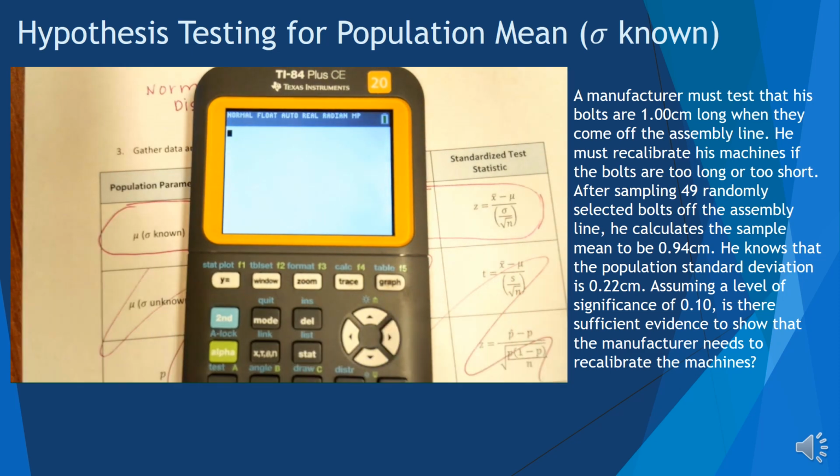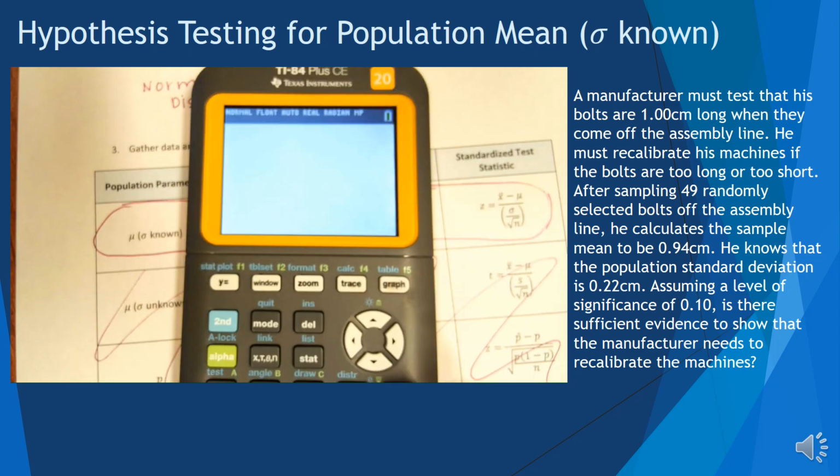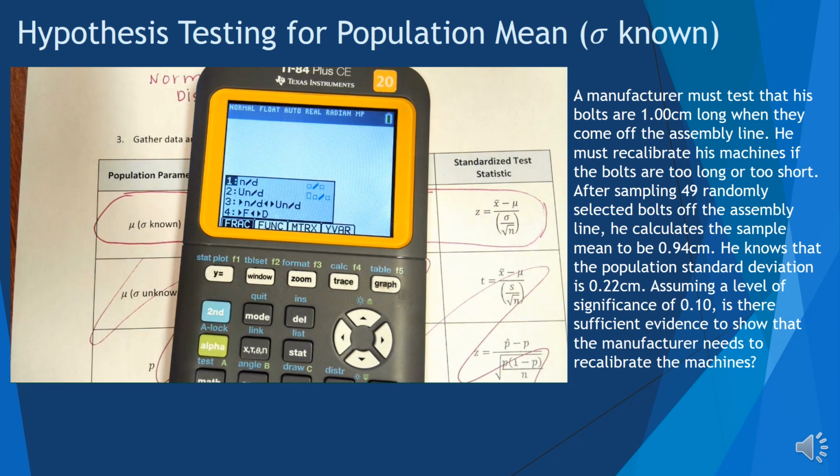Alright, so this little secret menu I was just mentioning is where you hit the alpha button, alpha, y equals. That's going to pop up this little menu of display options for fractions.